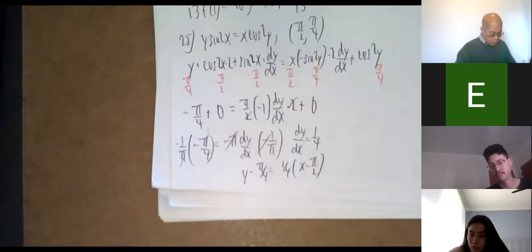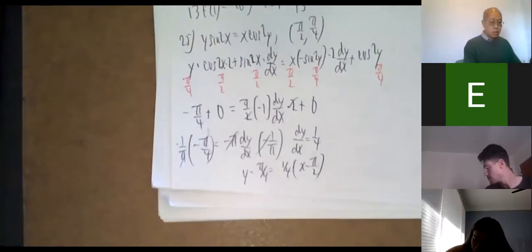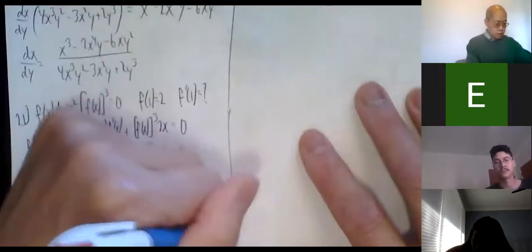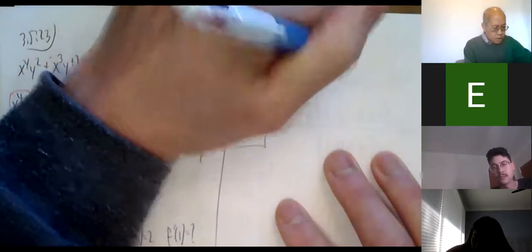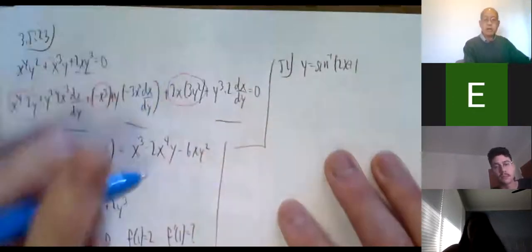51, 54. Okay. Same section. 51, y equals inverse sine of 2x plus 1.